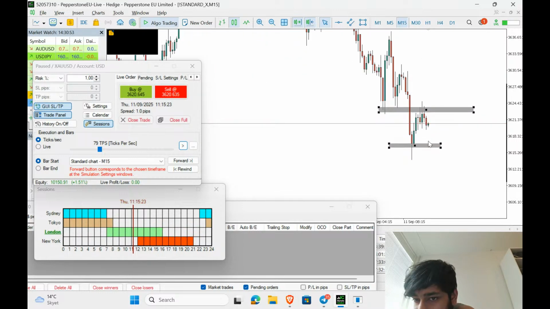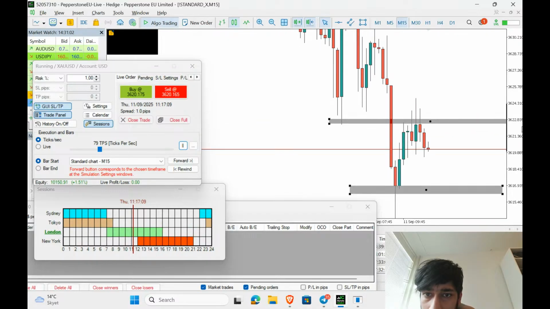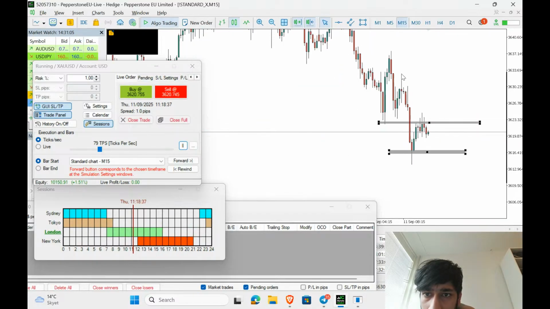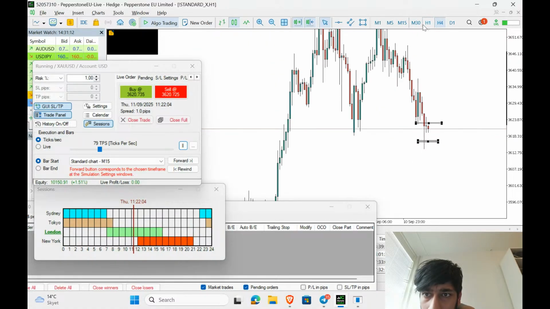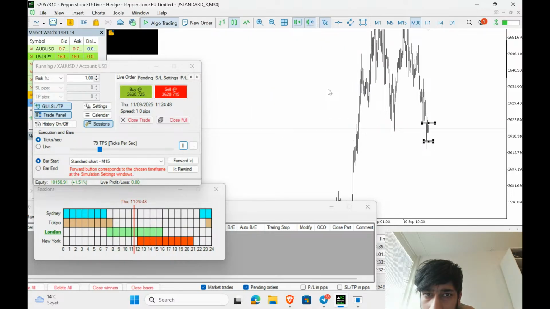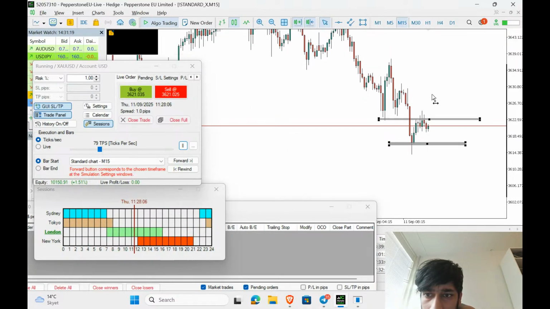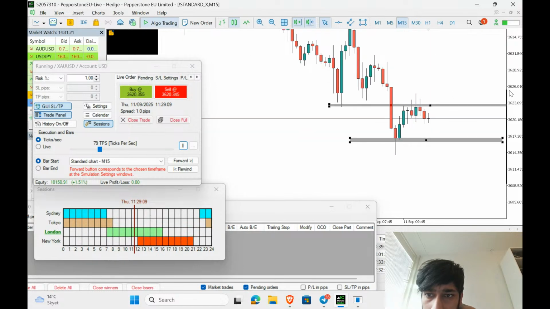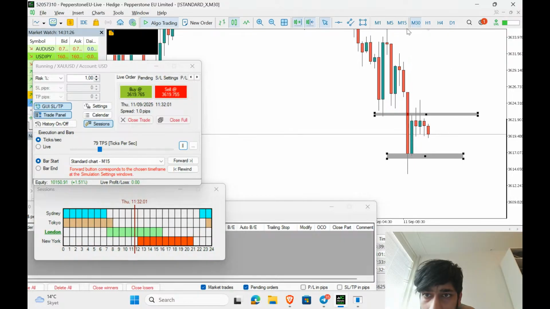M15, I don't know. I think buys would make sense now if we can close above. Even if we consolidated, we broke down, we came up, we retested, but see, on M30 we have so much rejection over here. So yeah, I think it would be better to wait for a candle to close above for me to take buys.